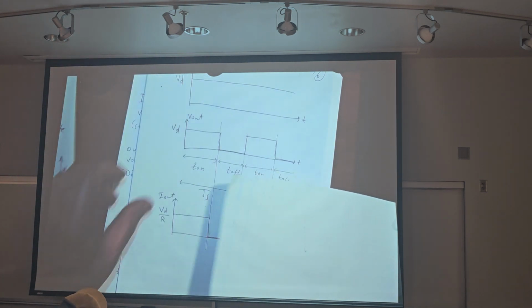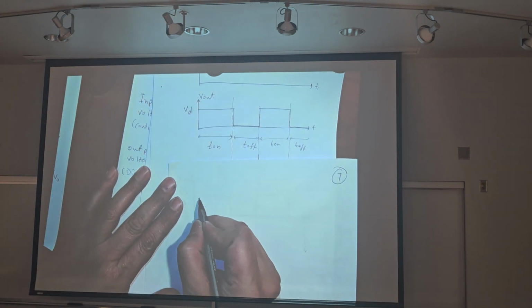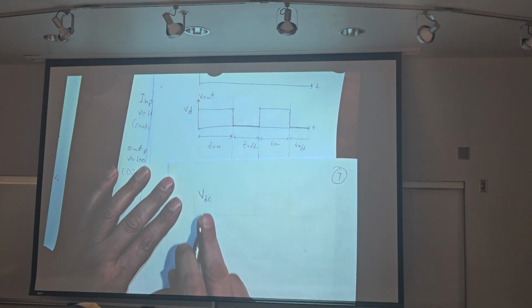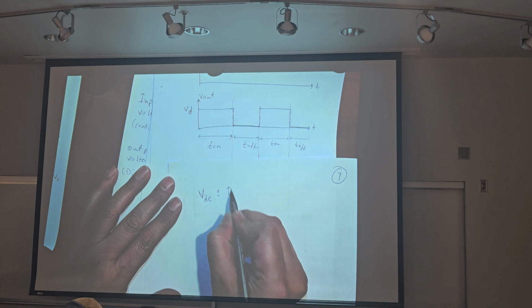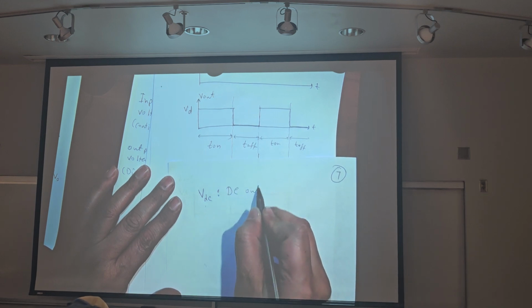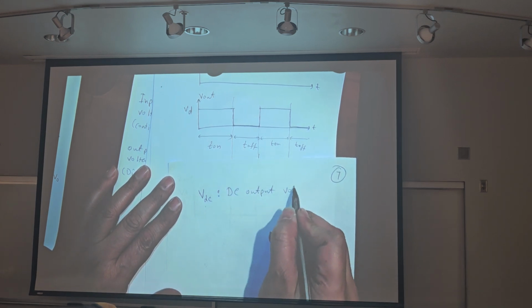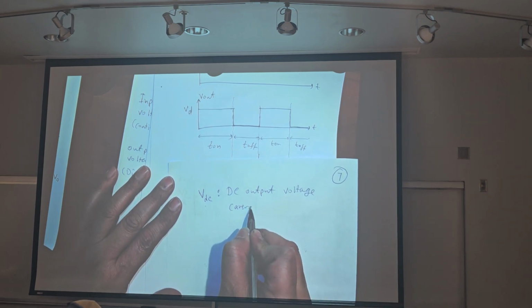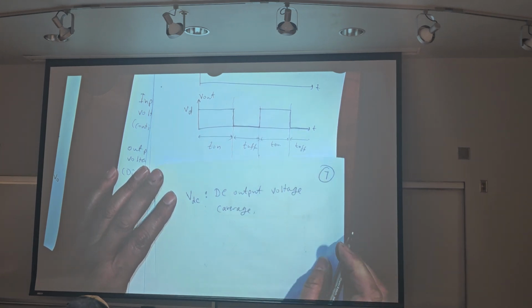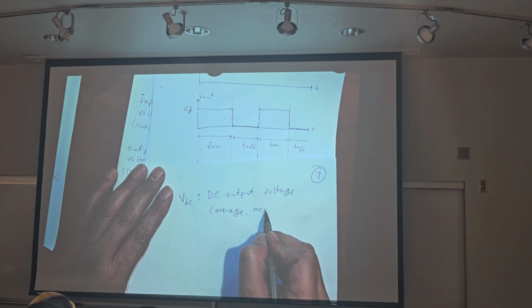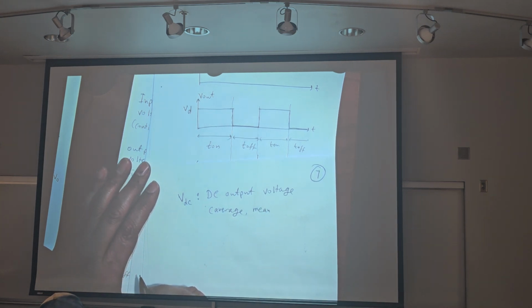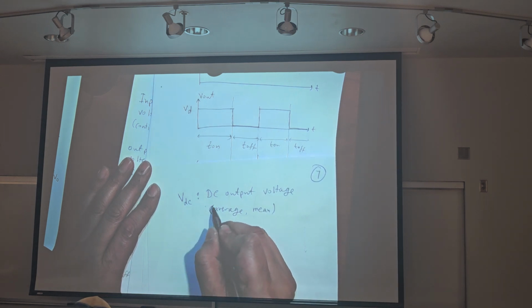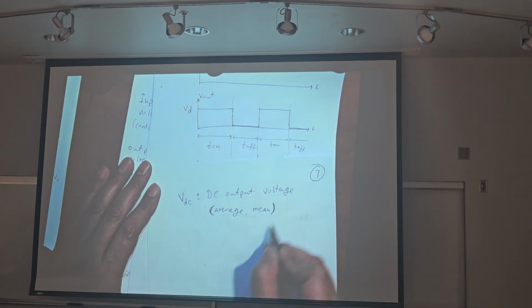See, if we calculate VDC, VDC is the DC output voltage, or the average or mean voltage.